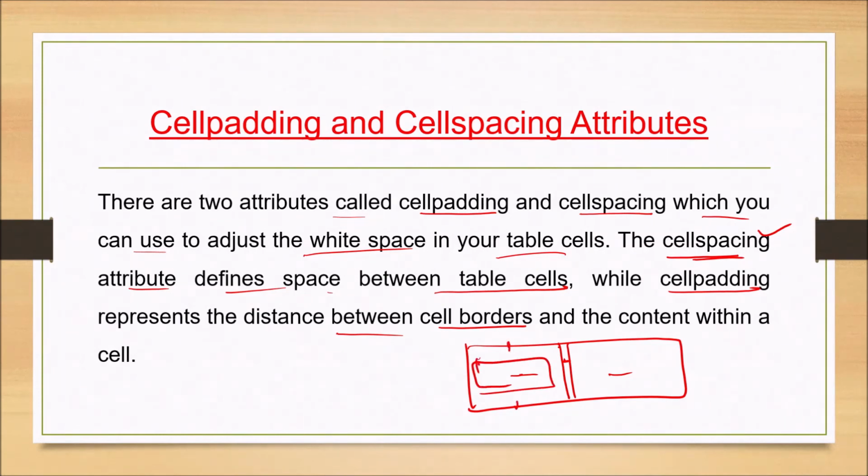Whatever you are writing here, like suppose you are writing attribute, cell padding represents the distance between cell borders and the content. This space is specified by the cell padding, and distance between two cells is specified by the cell spacing.